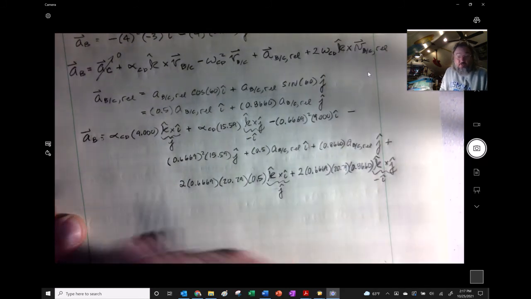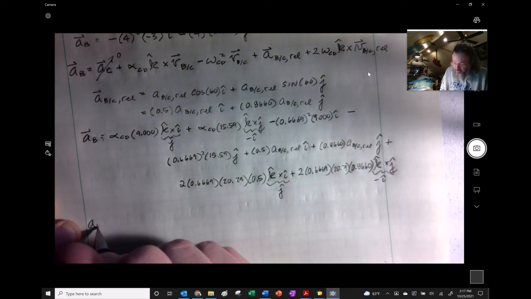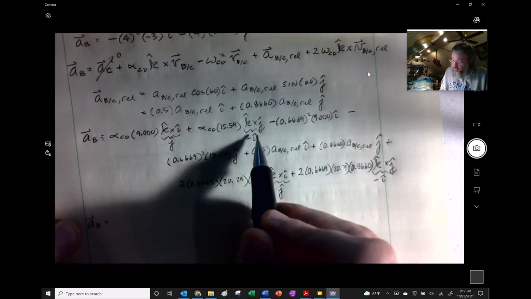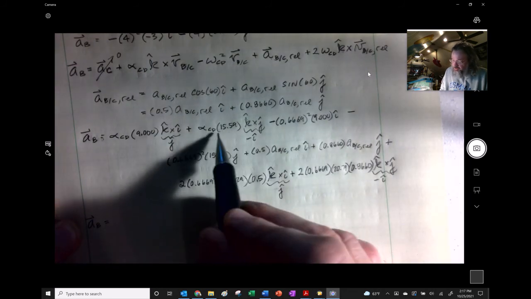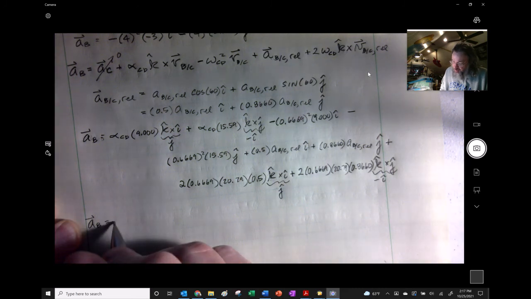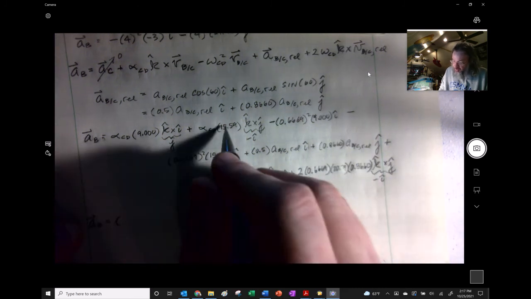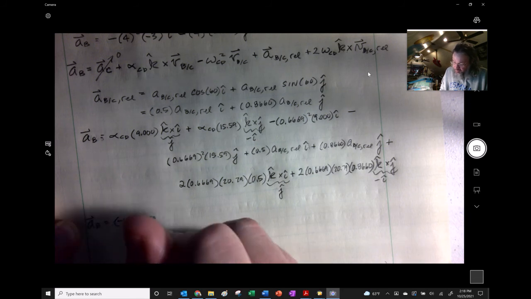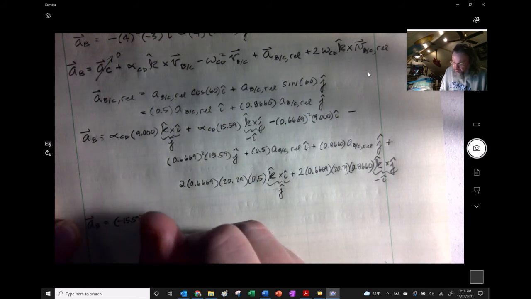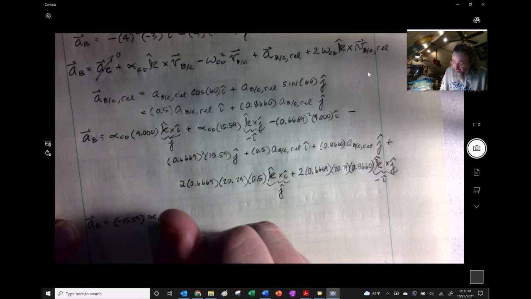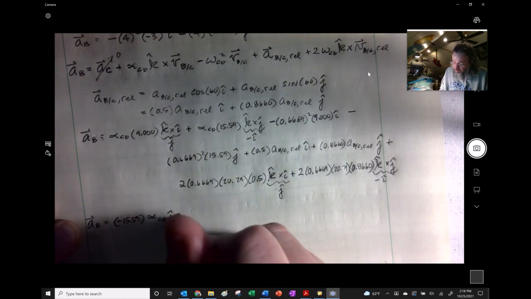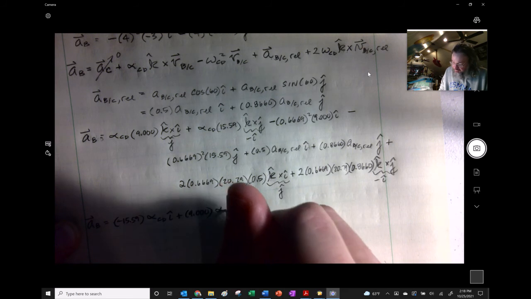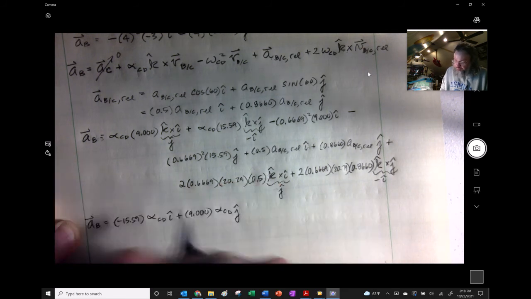So let's rewrite out acceleration of B. I'm going to do the I first. I'm going to put the number first: negative 15.59 alpha CD I plus 9 alpha CD J, right there.